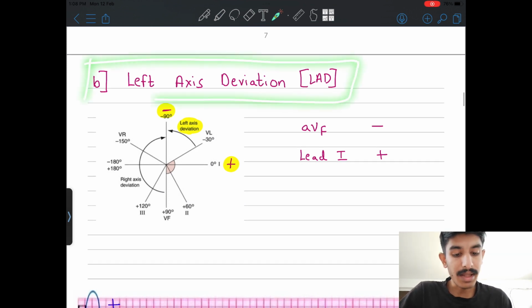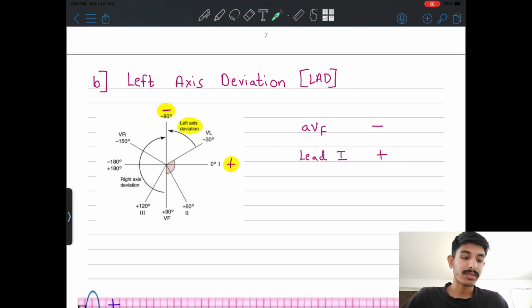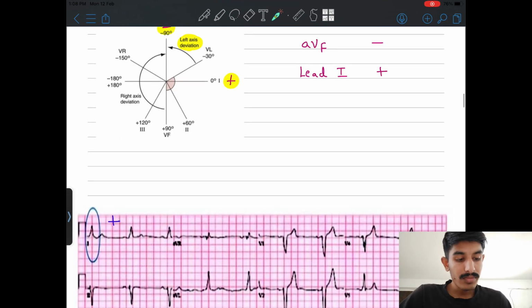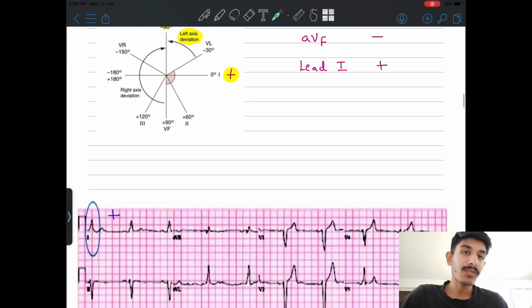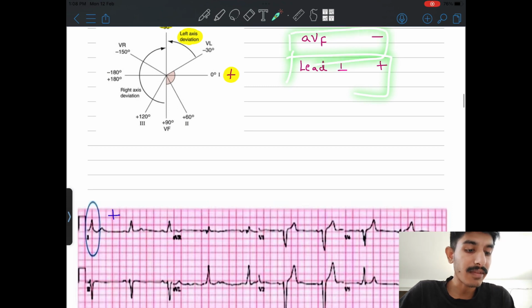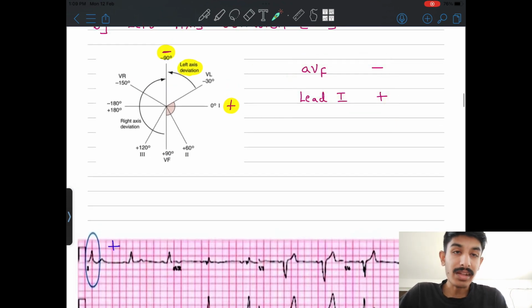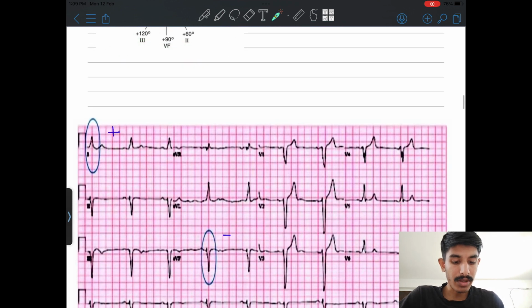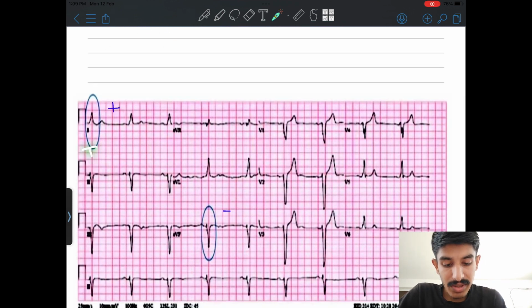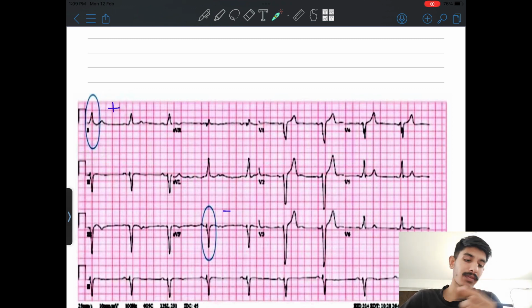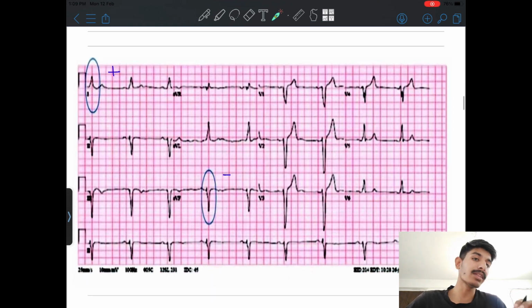The next one is left axis deviation. As I told you, first always look at lead 1 and then AVF. So this is the graph, as you know, this side is positive and this side is negative, okay. In lead 1 it is positive because the R wave is coming upward, and then we go to AVF.